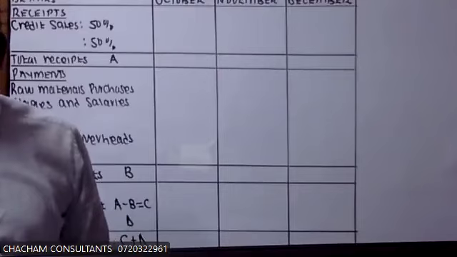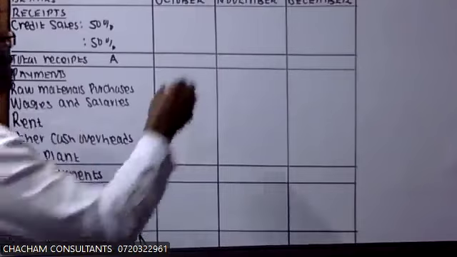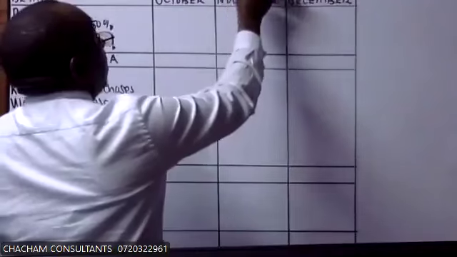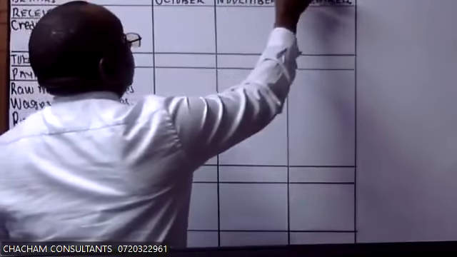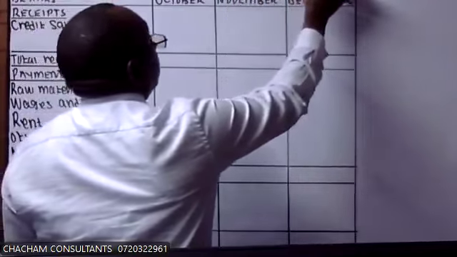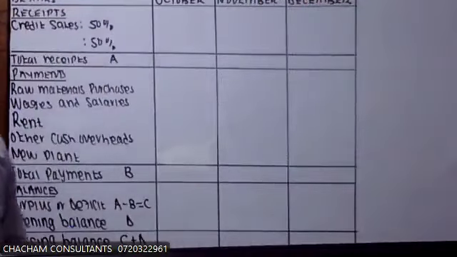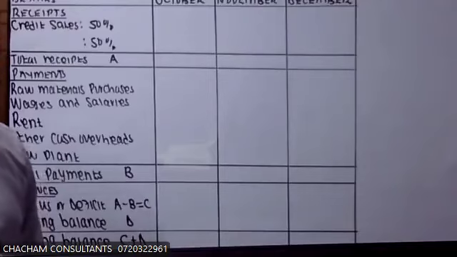And all our figures are in millions. So we can just specify here that shillings in millions. Just write that way up there.